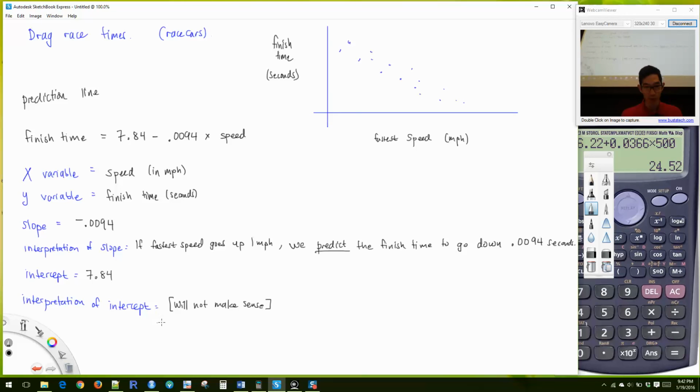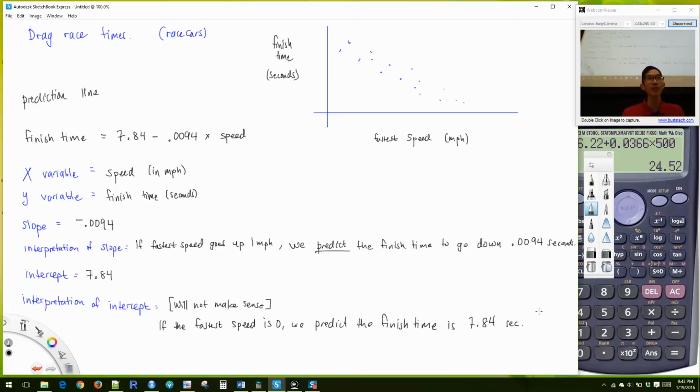It says, if the fastest speed is 0, we predict the finish time is 7.84 seconds, which does not make sense.